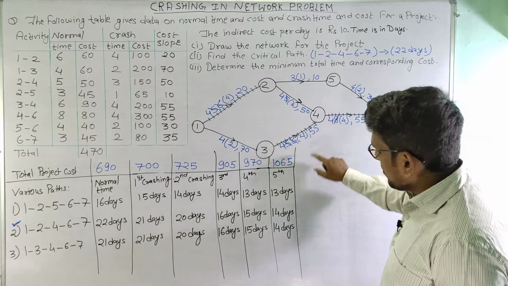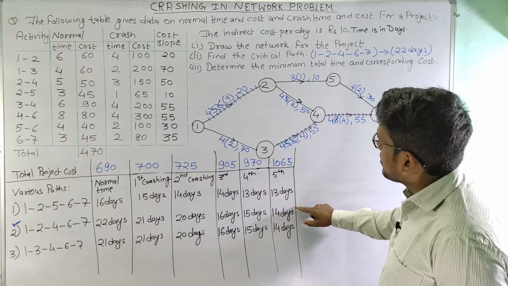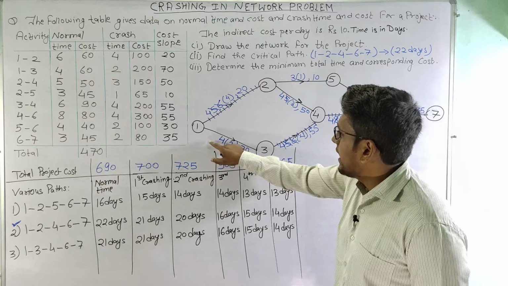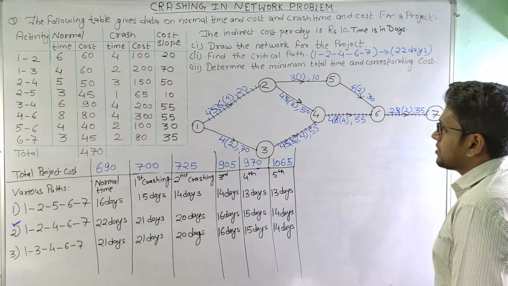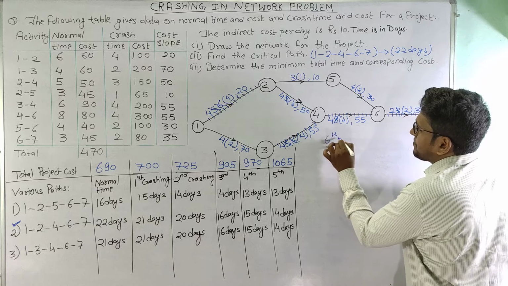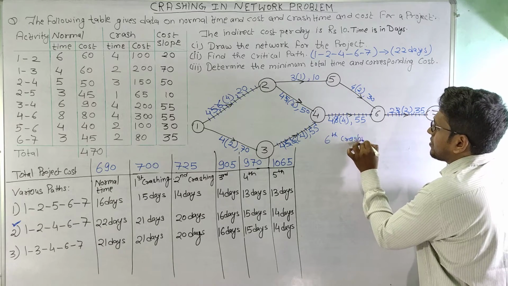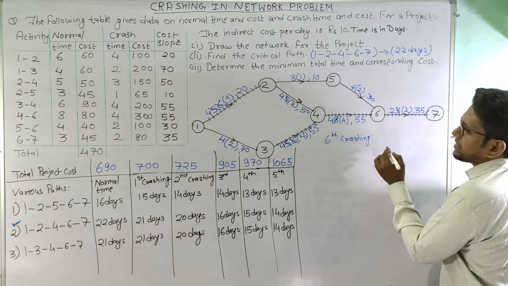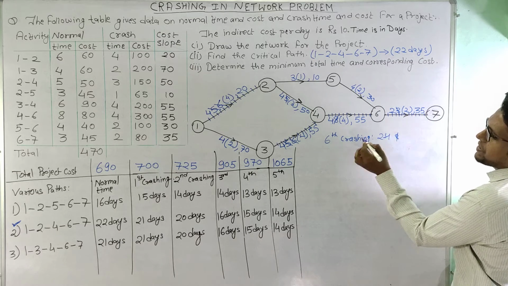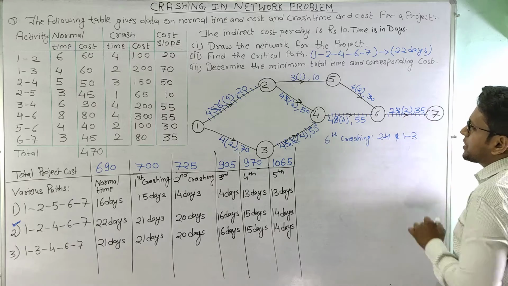Now if we wish to crash these two paths, we only have one combination, activity 2 4 and activity 1 3. So for sixth crashing, we need to crash activity 2 4 and activity 1 3 together.